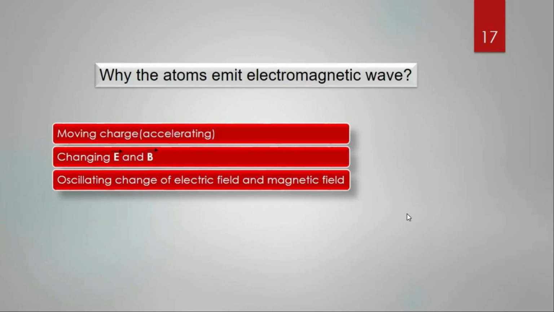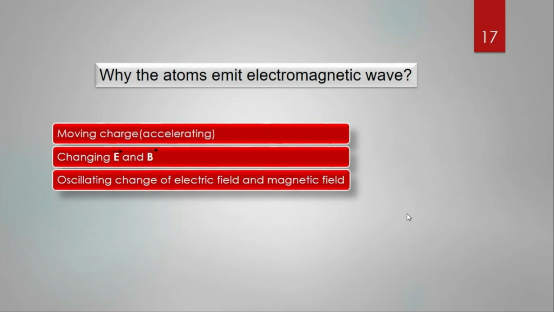Why does the atom emit electromagnetic waves at all? The electromagnetic theory was first proposed by Sir James Clerk Maxwell, who was a Scottish mathematician. In his theory, he argued that any charged particle which is accelerating will emit electromagnetic waves, because a charged particle which is moving can be considered as a current.